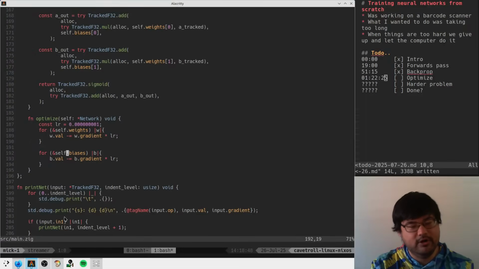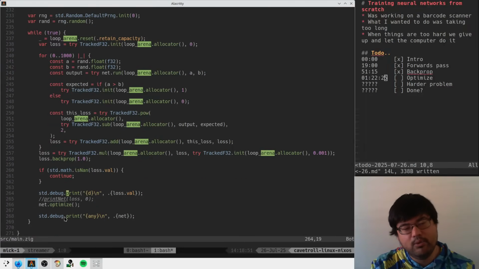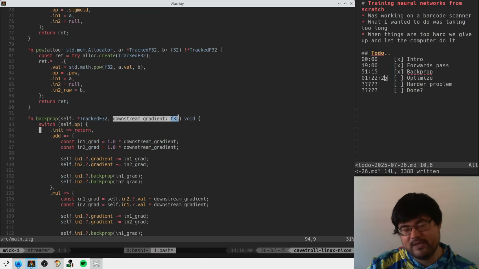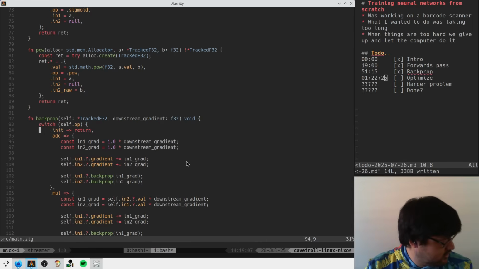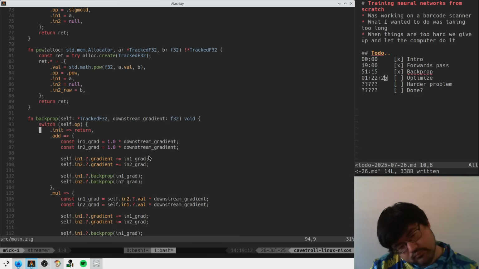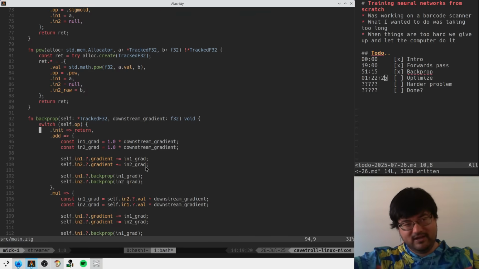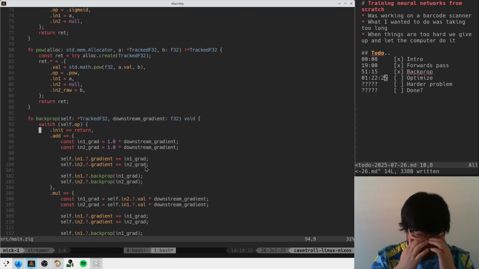What does backprop 1.0 mean? It means the 1.0 is how much of a proportion of the total this thing is. As we recurse into this thing, it multiplies with the other gradients that it's going towards.